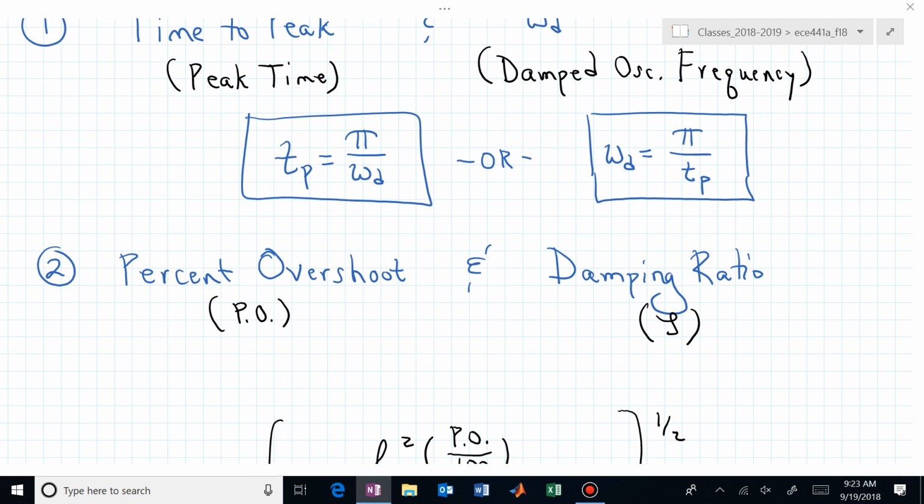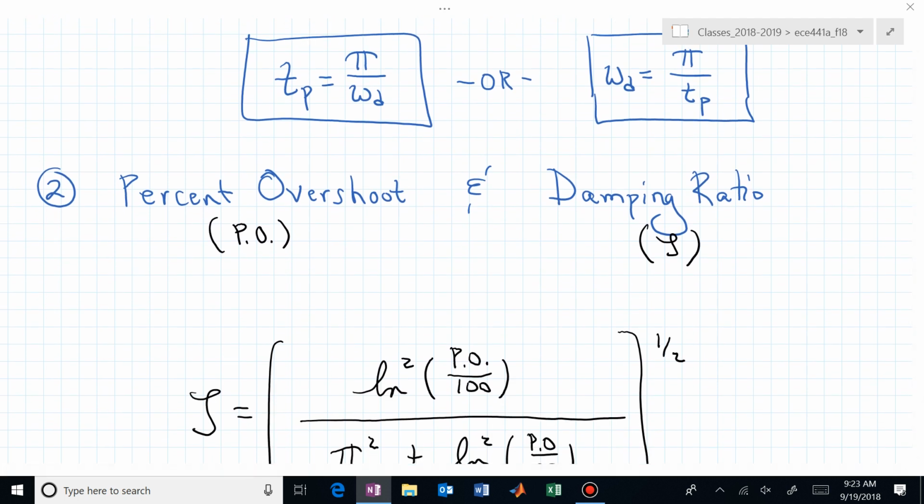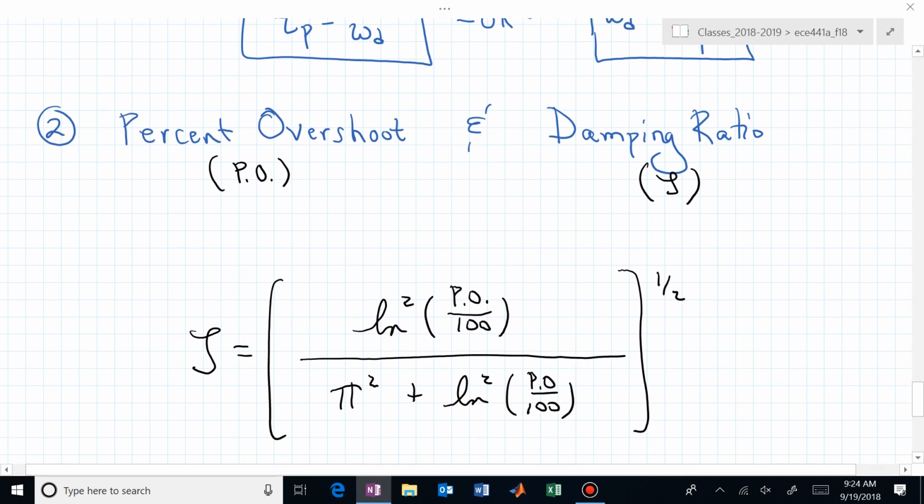The next connection is the percent overshoot, and hopefully you remember what that was. That was the equation connecting your peak value and your final value of your response. You can compute the percent overshoot. That's what I'm calling PO, and the damping ratio zeta. This might look a little weird or complicated, but it's not that bad of an expression.